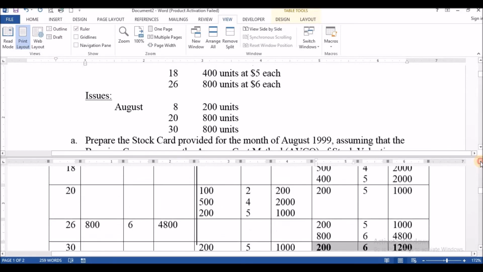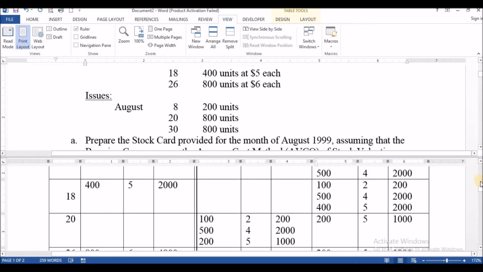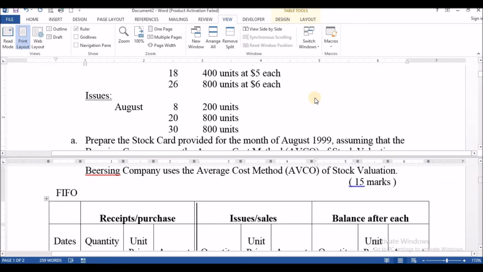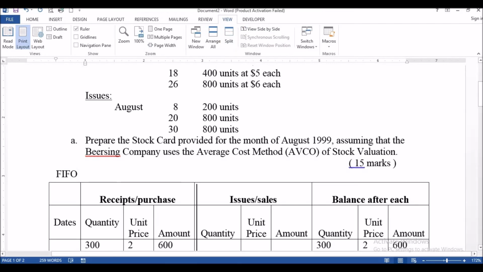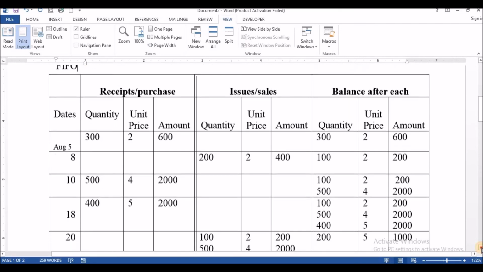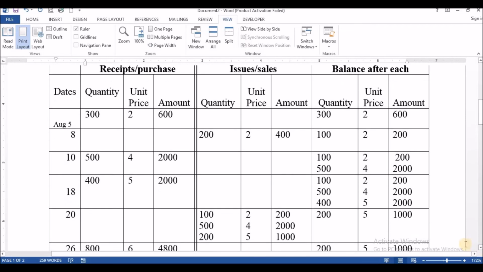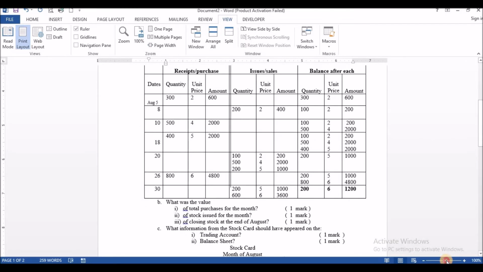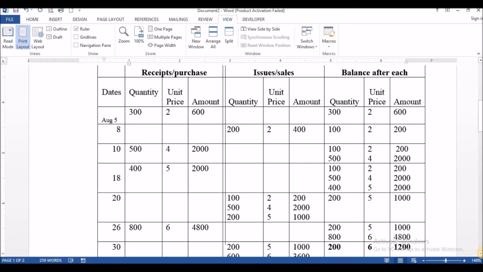Now your LIFO method, so let me take it off split screen so that you can see the stock card in its entirety. So we purchased 300, then we sold 200 of the 300.